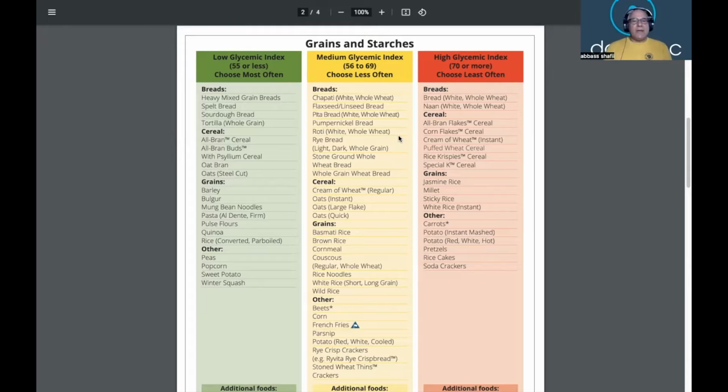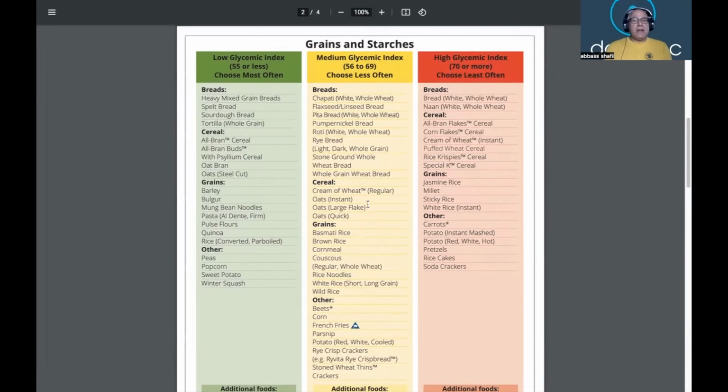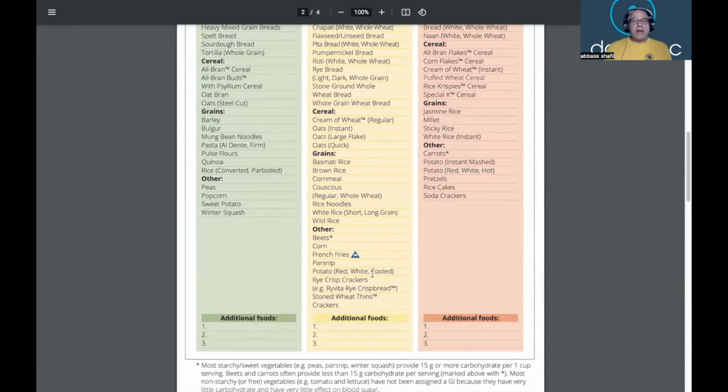I won't bore you with all these things, but you can look at the list. We put it in our podcast, so you can look at more detail. Again, for example, choosing sweet potato versus regular potato, you can see that sweet potato is a low index, depending on how you cook it.